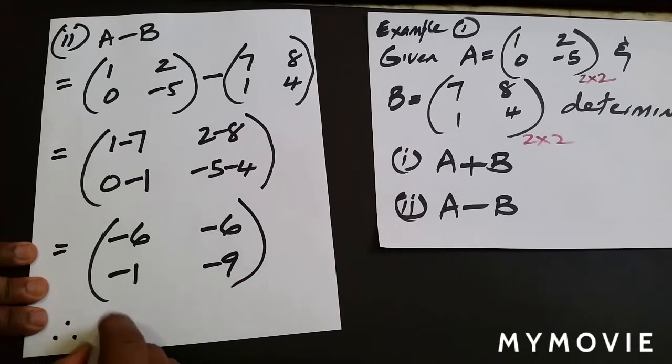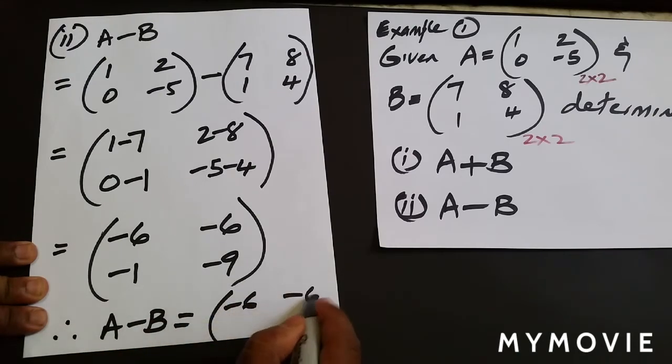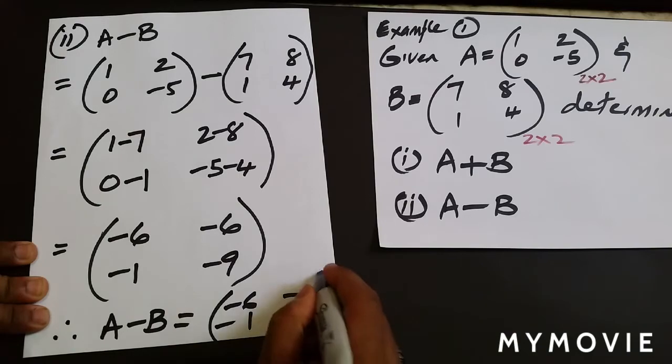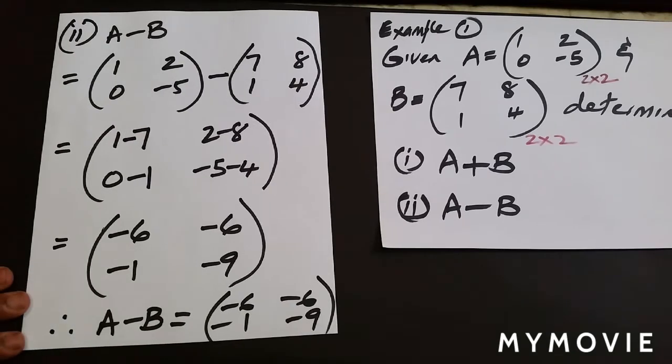So therefore, A minus B is equal to that. Very straightforward.